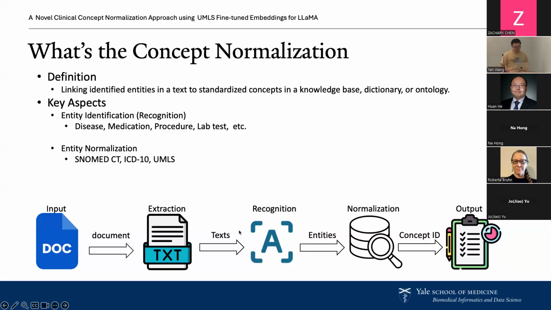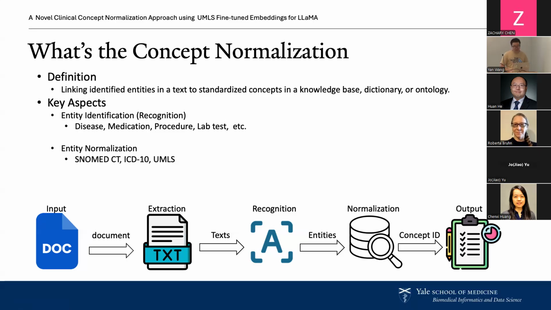After that, these entities will be normalized using different medical knowledge bases like SNOMED-CT, ICD-10, and UMLS, to get the relevant concept IDs. Next, I will provide an example to demonstrate how concept normalization is achieved in the clinical domain.